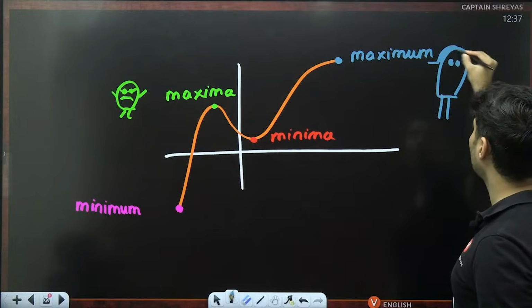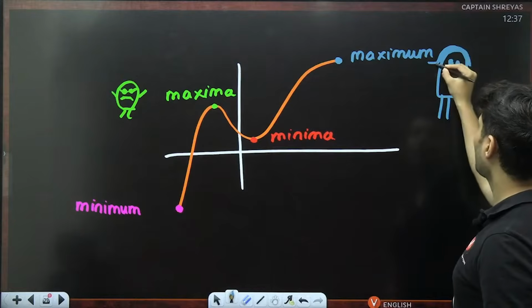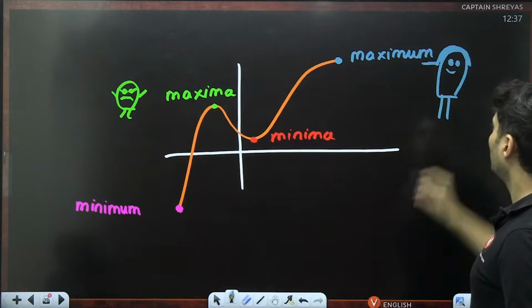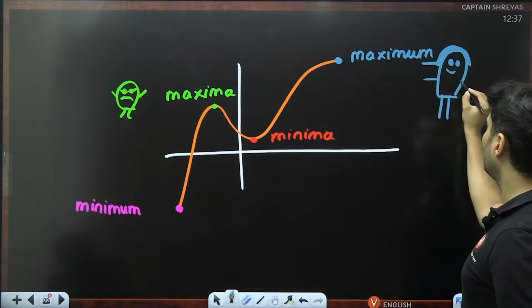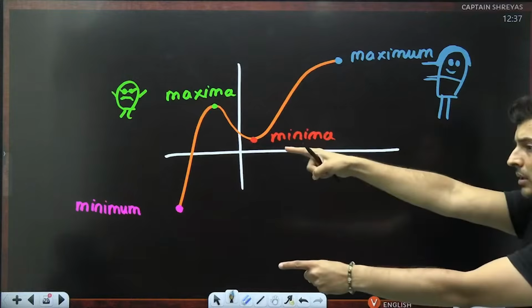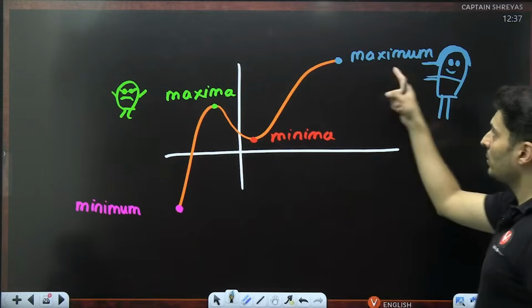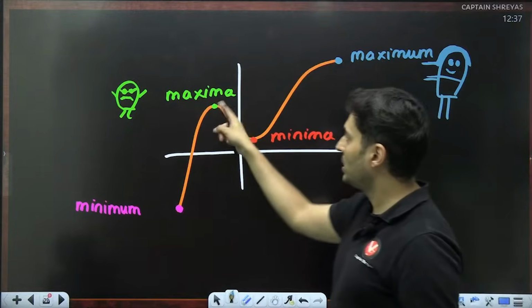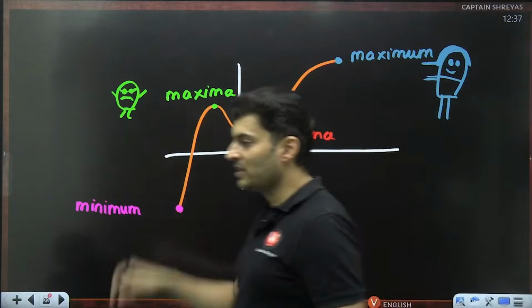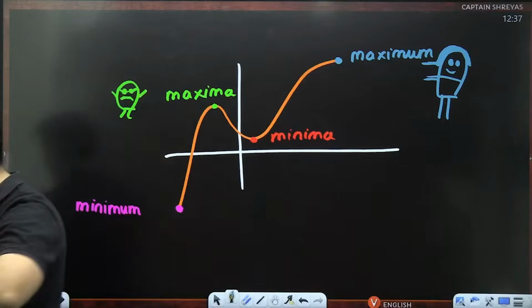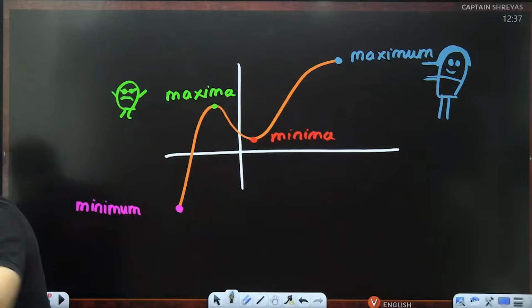Your cap. I'm just putting a cap to show cap. So this is the real don. This is like a local gunda. I hope this is clear. Everybody understood the difference between the two?